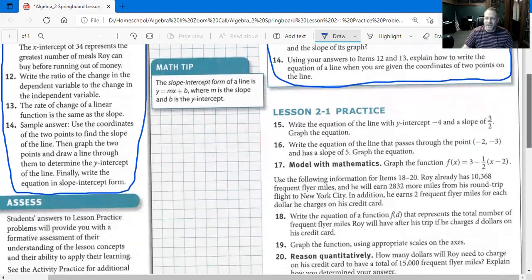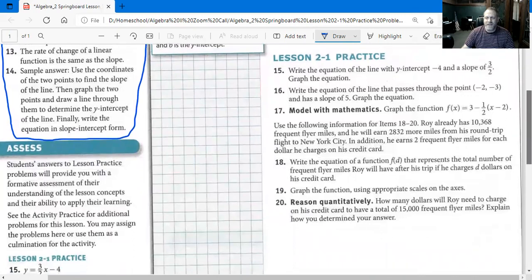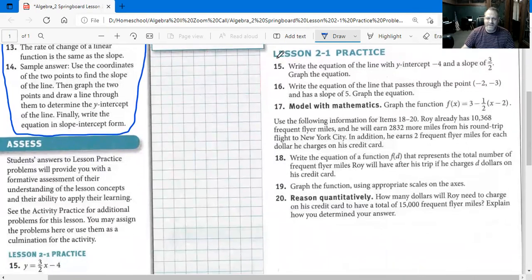All right, guys, let's go to lesson 2-1 practice, and we're going to do number 15. Everybody remembers the old y = mx + b, right? Well, that's what we're going to do in number 15. Write the equation of the line. This is the y-intercept right here, and that's going to be -4.